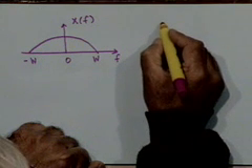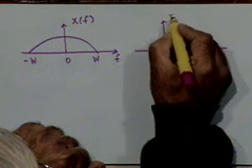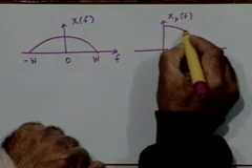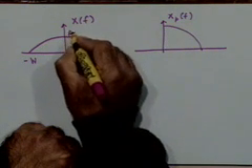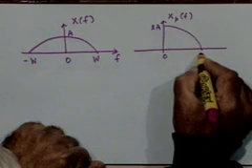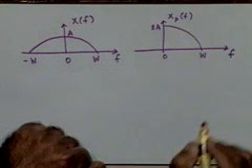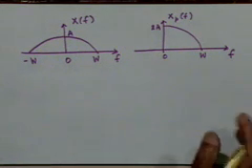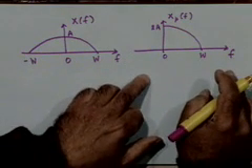Then the spectrum of x sub p of t, or X sub p of f, would extend, suppose this is A, so this will be 2A going from 0 to W. So it becomes a one-sided spectrum. From a two-sided spectrum for the real signal, you get a one-sided spectrum.